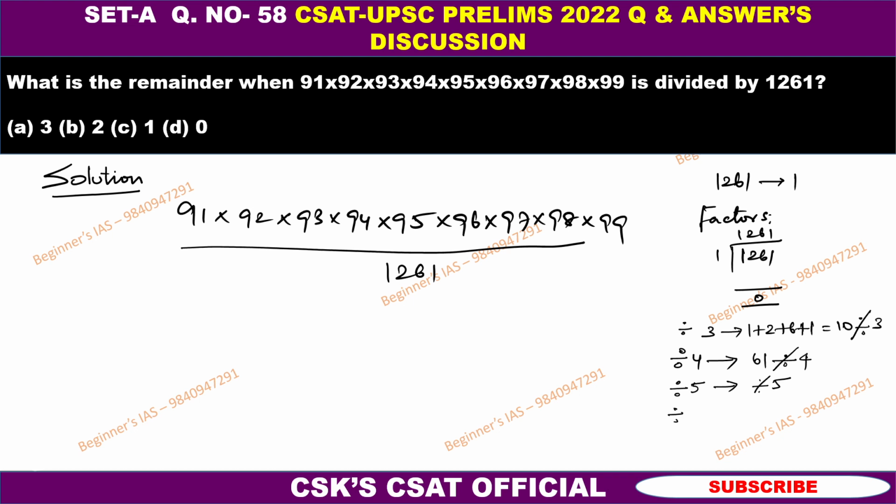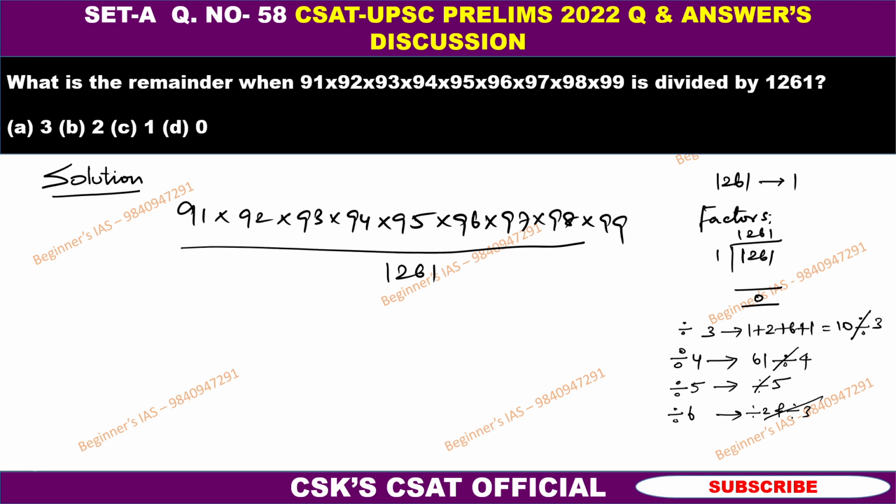Let us check with 6. 6 is also not a divisor. Why? In order to be divisible by 6, a given number has to be divisible by 2 as well as by 3. For divisibility by 2, the unit place should be an even number, but here it is an odd number, so that is also not possible.